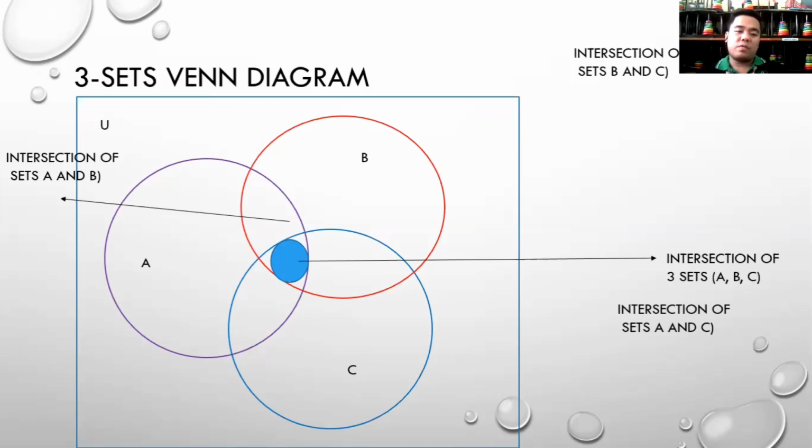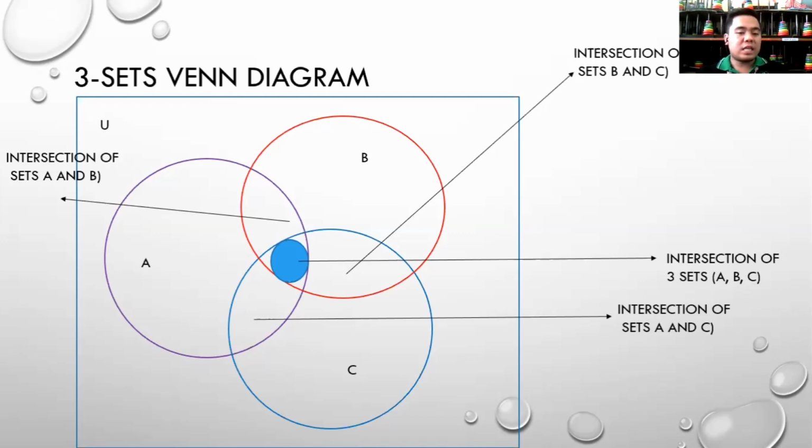Okay? So as you can see, yung nasa pinaka-center is the intersection or the commonality, yung element na meron sa set A, meron sa set B, at meron sa set C.